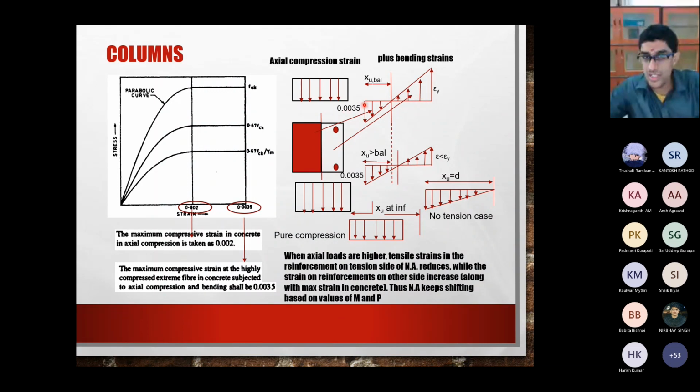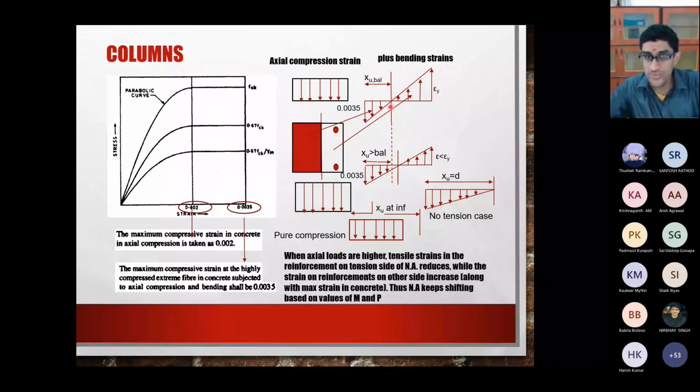Thereby our strain in concrete is going to be 0.0035, and in the steel it will be either epsilon y or epsilon st, whatever the strain in steel might be. Depending on the relative value of the compression and the relative value of the moment, you may have different shapes of stress distribution, which is basically a combination of a rectangle and this double triangle. You can combine these in various ways and get different types of failures in columns.